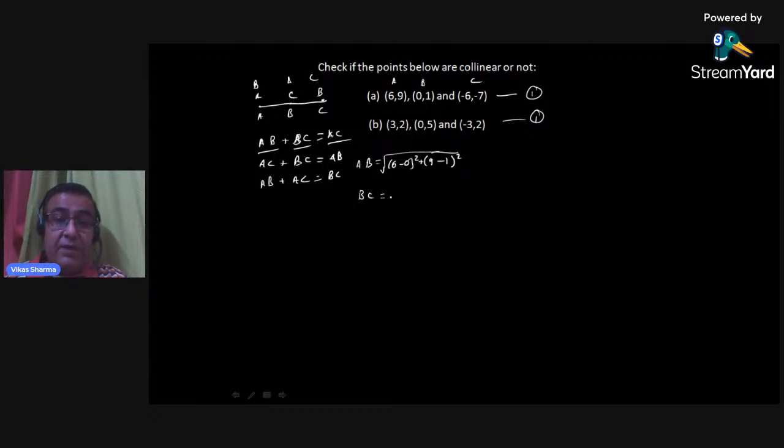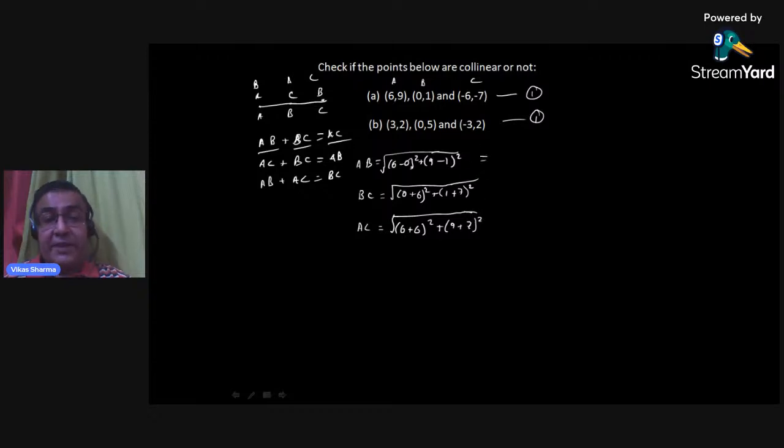BC will be equal to the square root of 0 minus of minus 6, which becomes 0 plus 6 whole square, plus 1 minus of minus 7, so that becomes plus 7 whole square. And AC will be equal to the square root of 6 minus of minus 6, that becomes 6 plus 6 whole square, plus 9 minus of minus 7, that becomes plus 7 whole square.